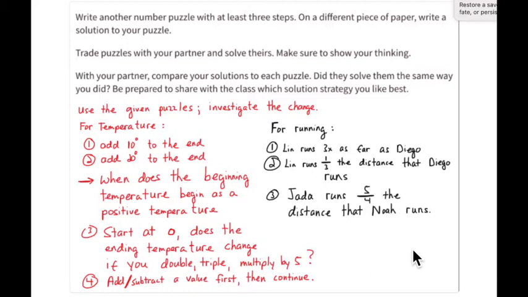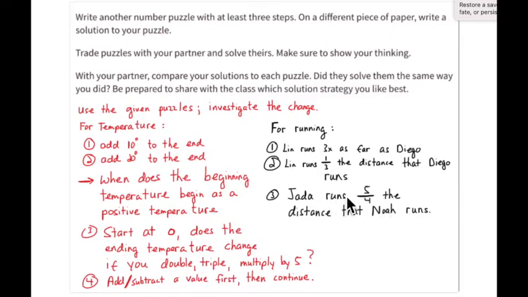What if Jada runs 5/4 the distance that Noah runs? This is an interesting number because it means that Jada will have run farther than Noah. How much farther? She's going to run 1/4 of Noah's run farther. So Jada's going to run the distance that Noah ran plus 1/4 of Noah's run.